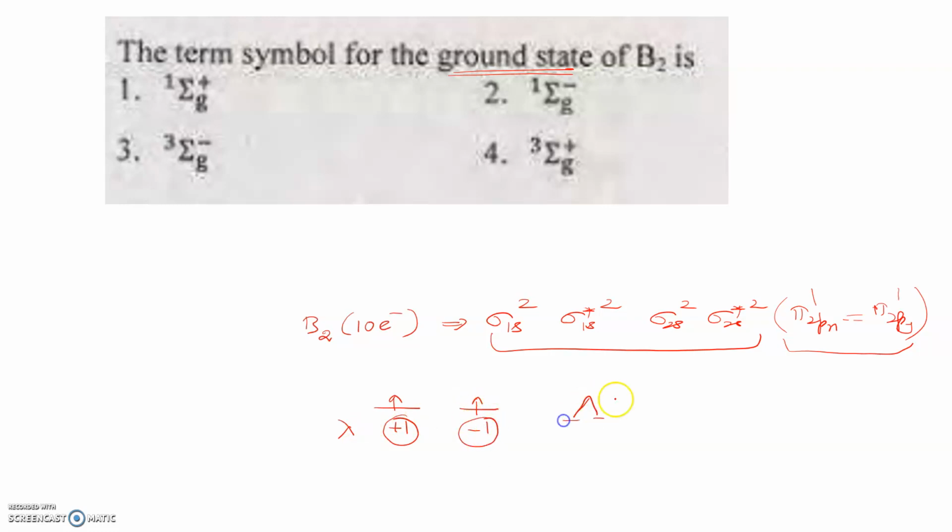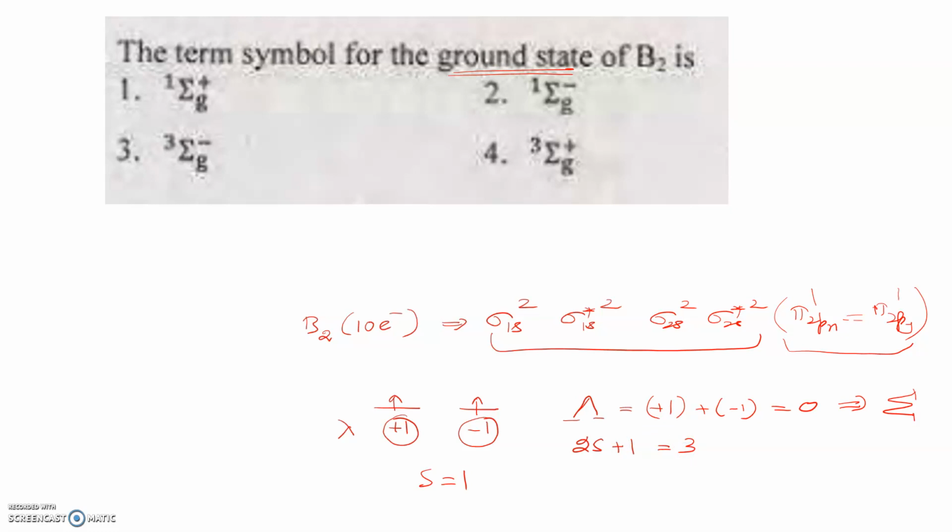Therefore the capital Lambda is the sum of these two, +1 plus -1, which is 0. If capital Lambda is 0, then the term symbol is sigma. Both electrons have the same spin, so total spin is 1, and multiplicity 2S plus 1 equals 3. So it is a triplet state.